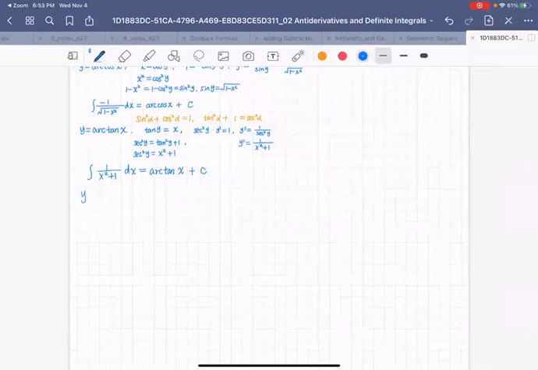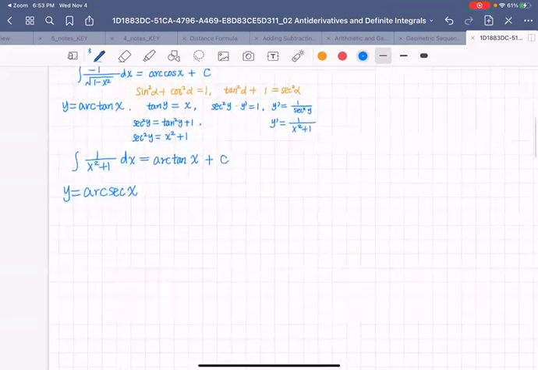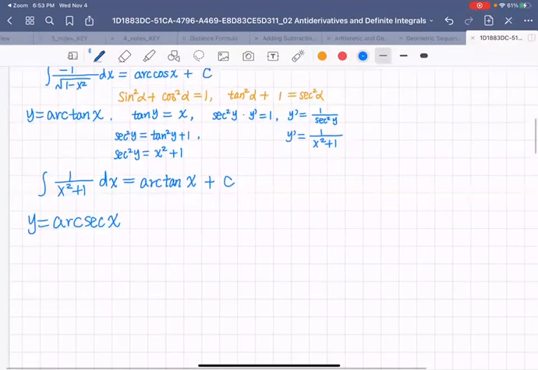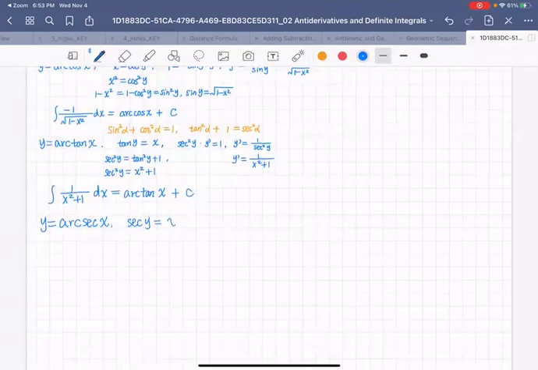Let's see here. y equals arc secant x. You say, oh my God, this is crazy. That means secant y equals x.